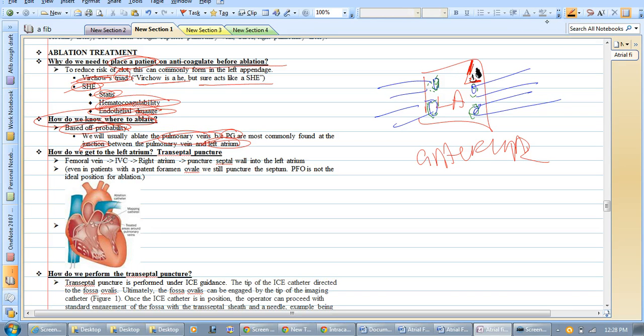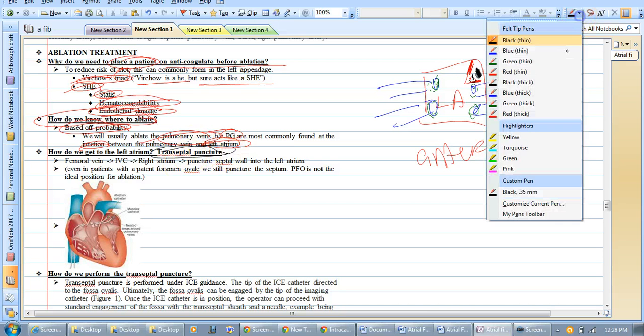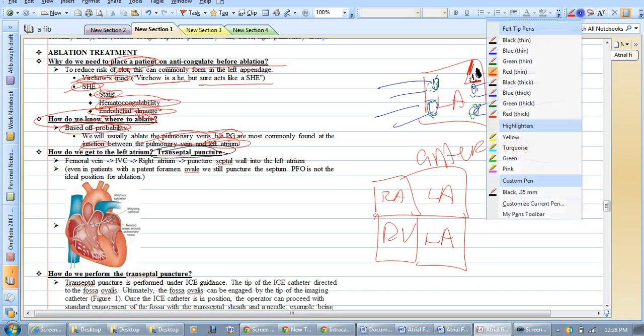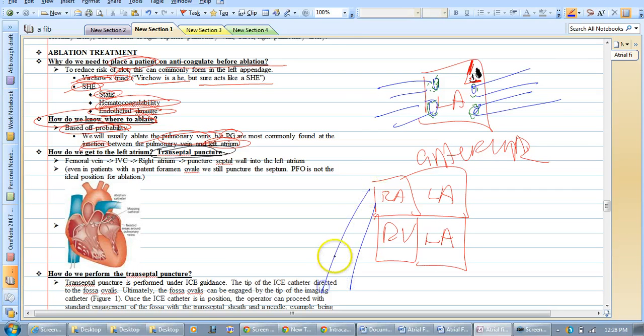All right, so we briefly mentioned this before in the previous video, but I actually want to take the time to explain the transseptal puncture. How do we physically get to the left atrium, right? Let me draw this out again, IVC.